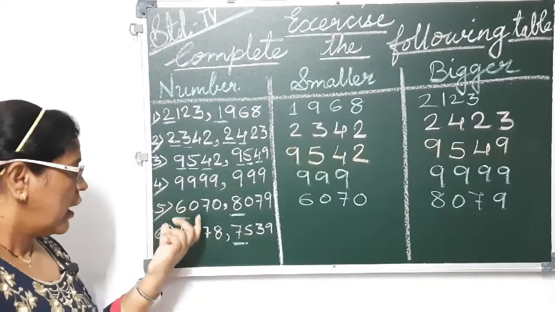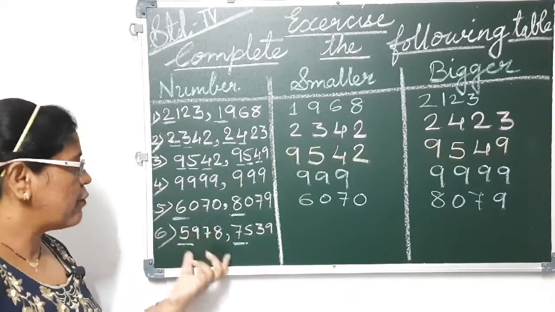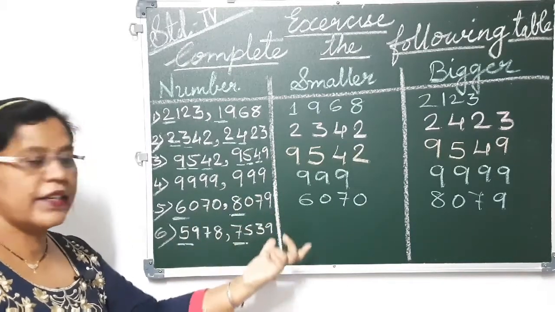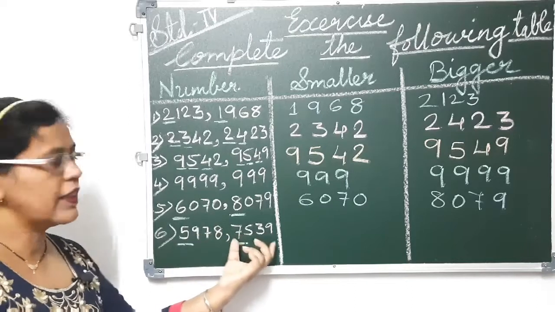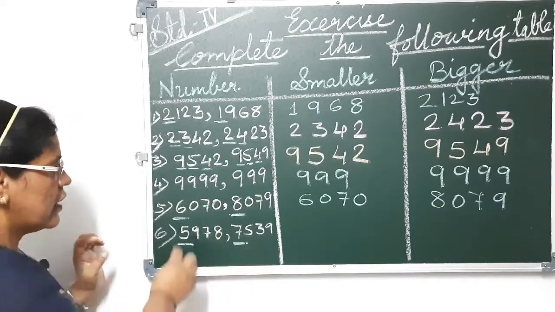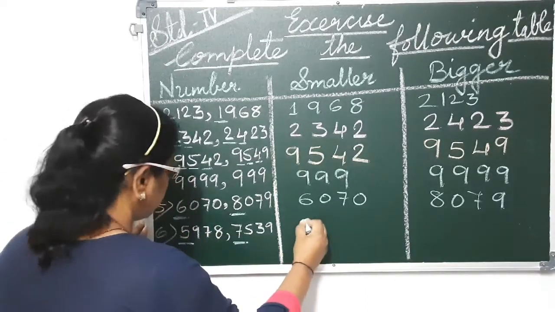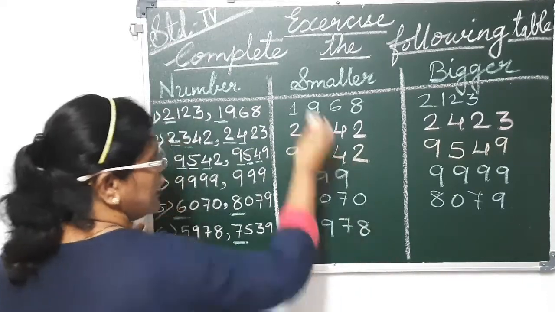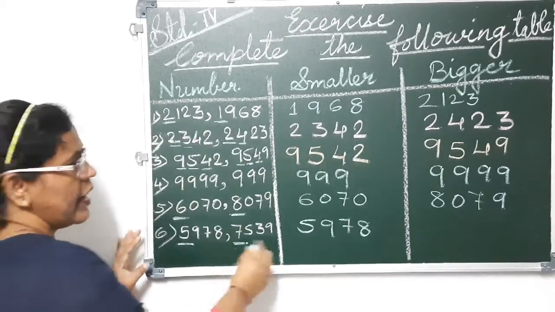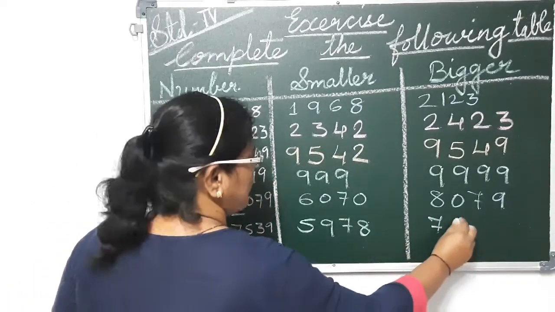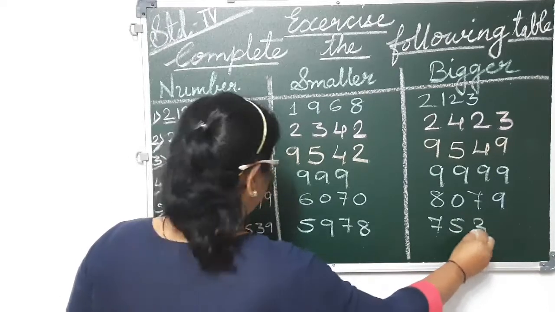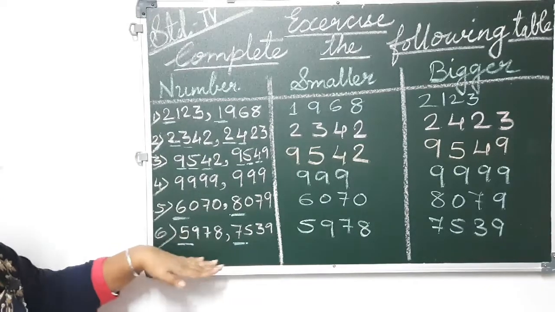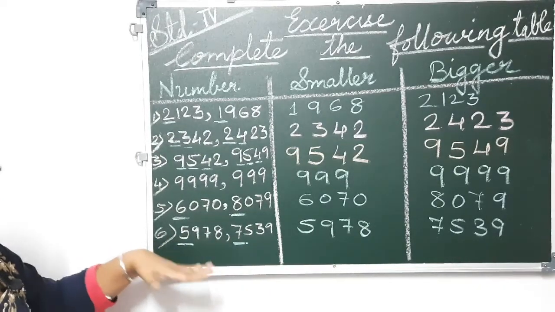So 5978 is smaller than 7539. This is a smaller number and this is a bigger number. So 5978 is a smaller number and 7539 is a bigger number from the given two numbers.